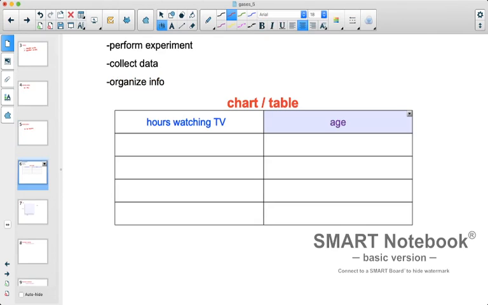Now, from here, in order to understand the role of math in science, what normally would happen is someone would perform an experiment. They want to know something or they observe something. They collect the data and then they organize this information. When they organize this information, it could be in the form of a chart and it can be in the form of a graph as well. So for us right now, we're going to look at the hours watching TV and then the age of someone.